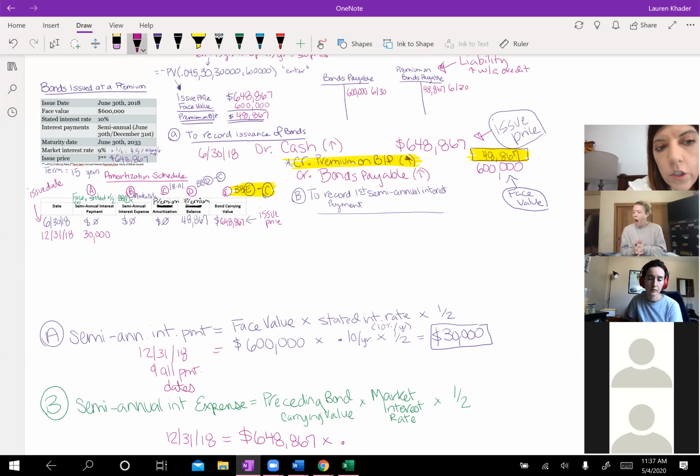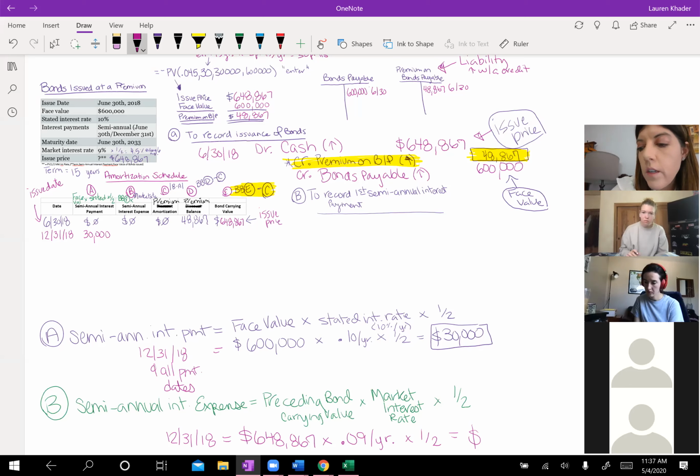And the market interest rate was 9% per year times 1/2 because we're paying interest twice per year. So on December 31st, 2018, how much in interest expense will I record? $29,199. Correct.